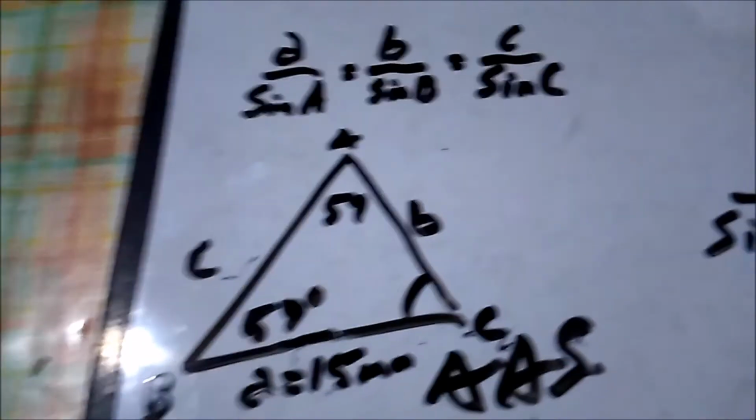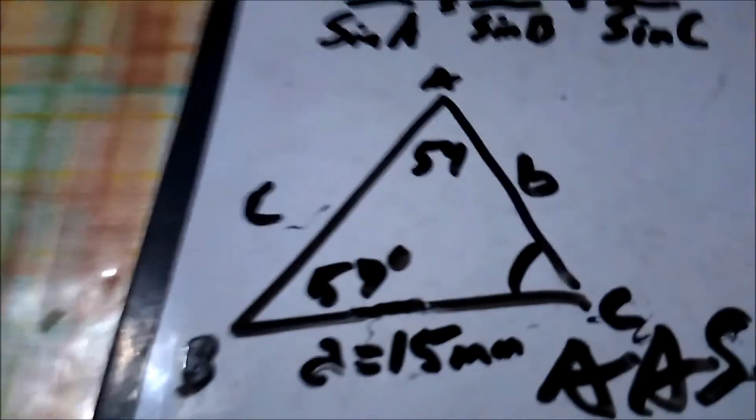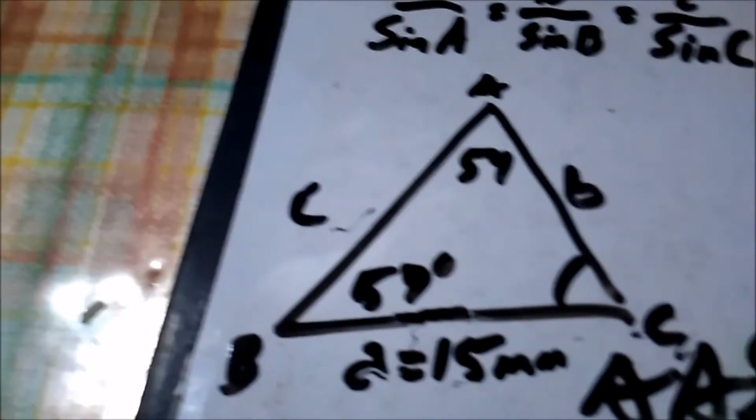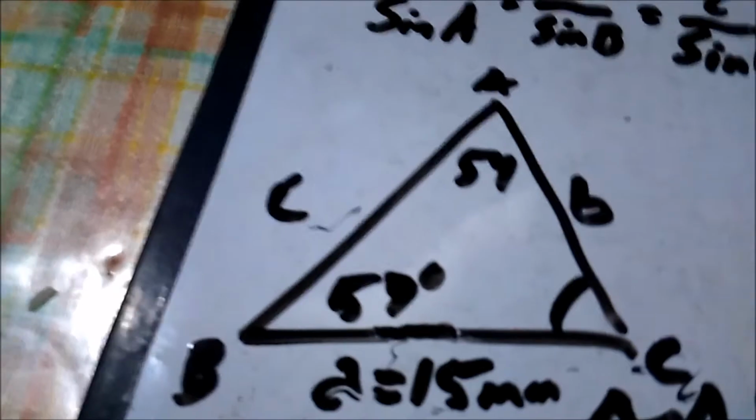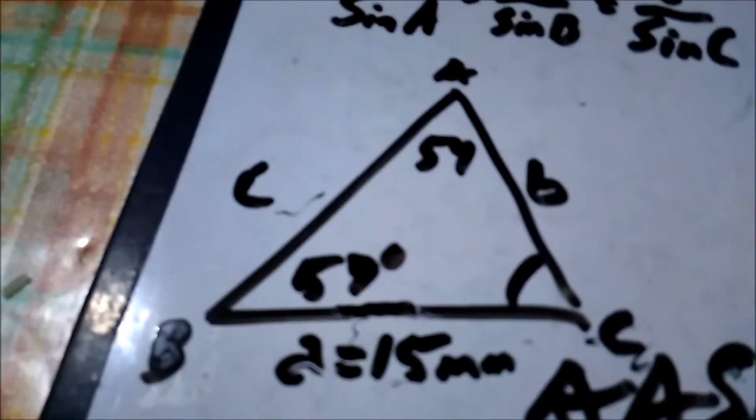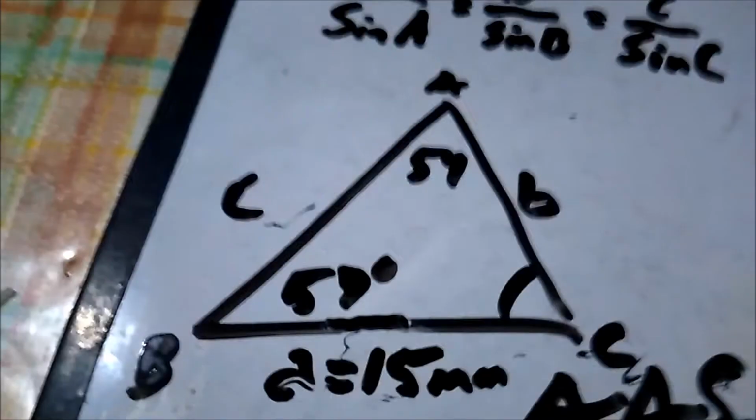So angle A is 59, and there is B with an angle of 57 degrees. And side a is given also, because it is AAS, and side b, side c, and angle C are still missing.